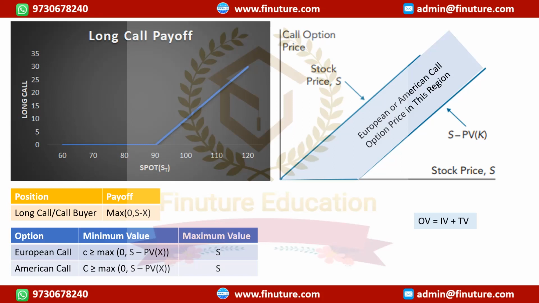So the lower bound, the minimum price that one would like to pay for a call option, would be spot minus the present value of X. If I just consider X, then you are not including the time value, but time value has to be included in the option price, because you are giving a right to someone for a certain period, so you will not give that for free.